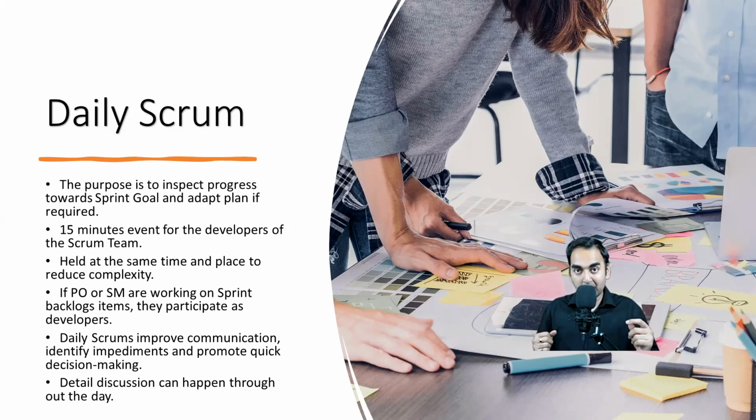In one of my projects, as the team was new to Scrum, they thought that the product owner was their manager. So during daily Scrum, each team member used to give an update to the product owner.